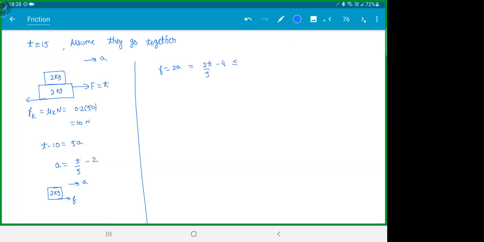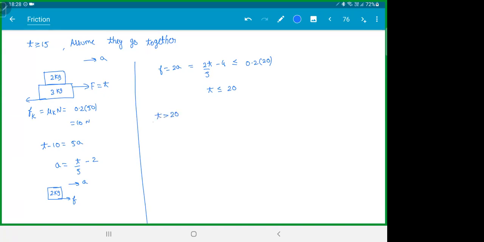This should be less than or equal to mu s into N, that is 0.2 into 20, which would be 4. So 2T by 5 is less than 8. So that is 20 seconds. Hope I'm right. Yeah. So up to 20 seconds, friction can provide whatever you're asking for. So up to 20 seconds, they're going together.